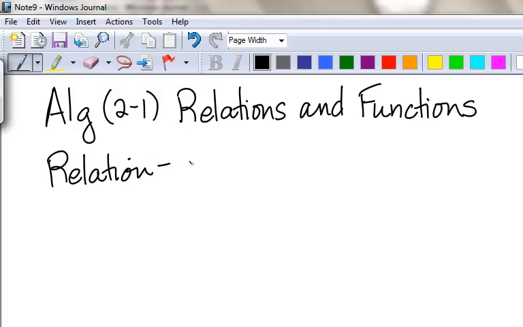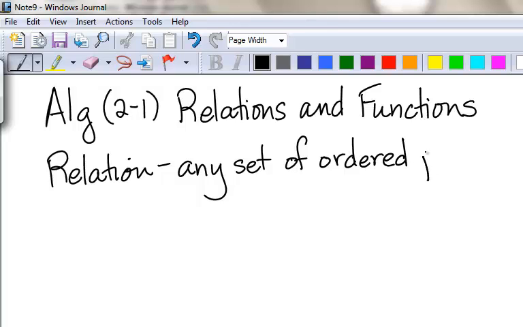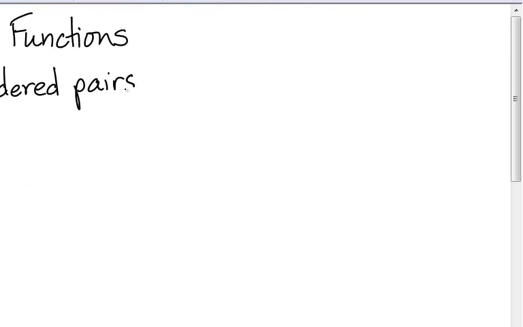A relation is any set of ordered pairs. So as an example, and using the set notation, if I have the ordered pair, say, 5, 7, and remember it's always x then y.